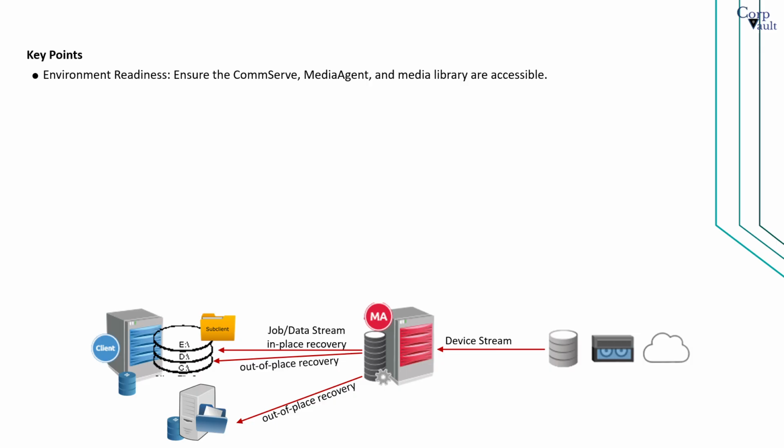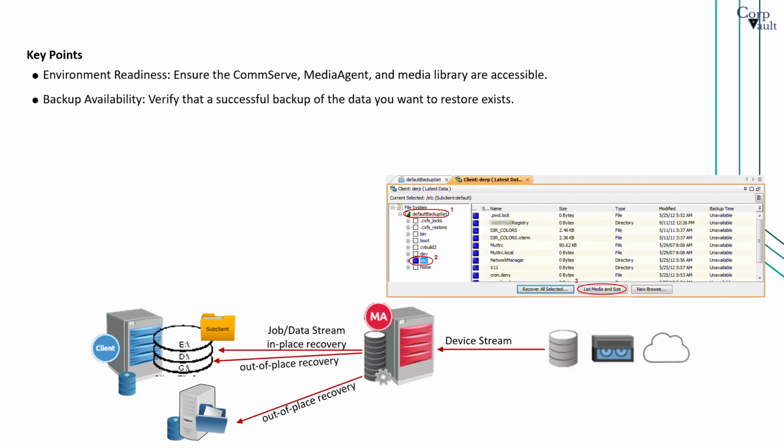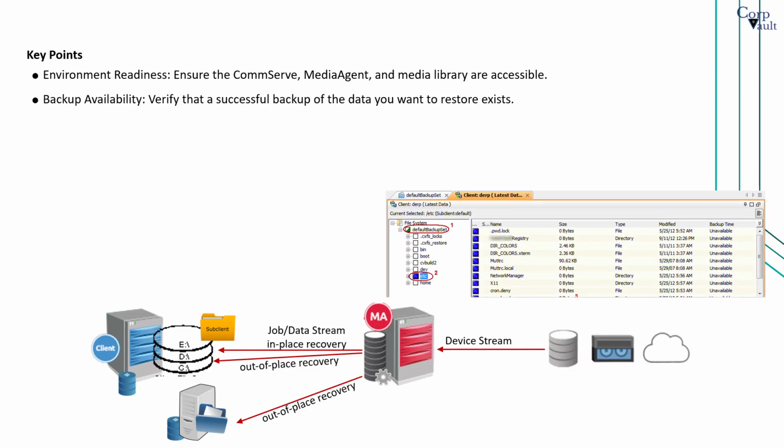Confirm that the destination client, where data will be restored, is available, and has sufficient resources. Backup availability. Verify that a successful backup of the data you want to restore exists. If restoring from older or aged data, ensure the required media is available in the CommServe. Use the List Media feature to identify necessary media.